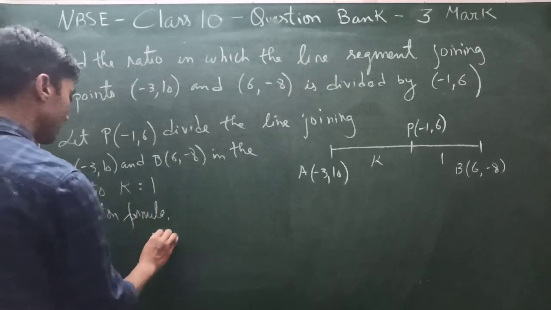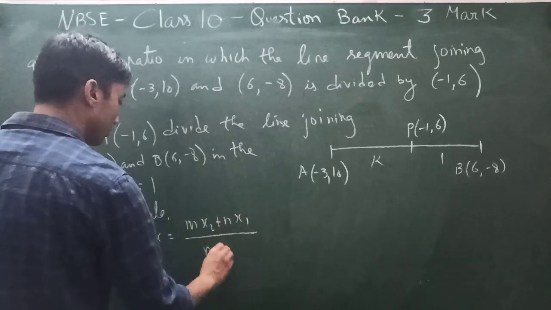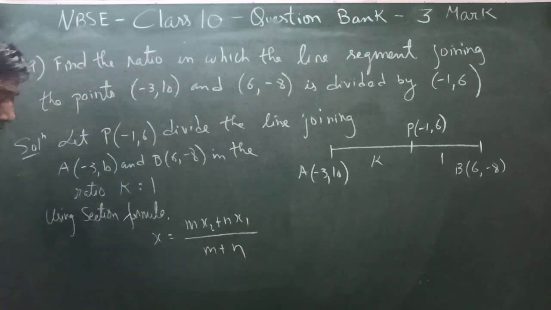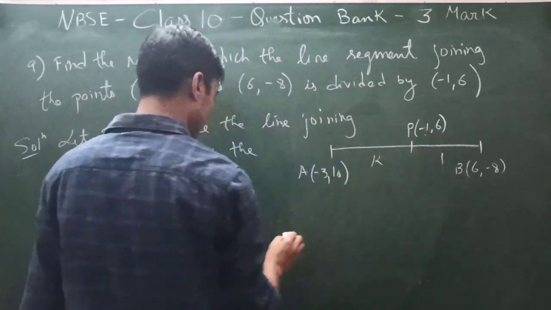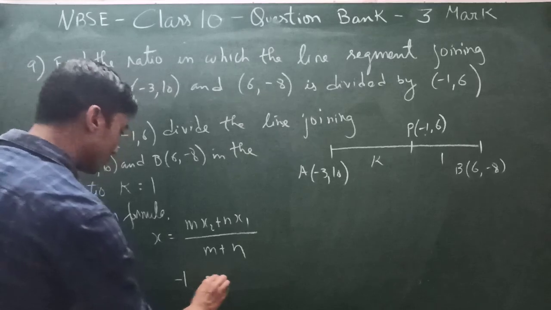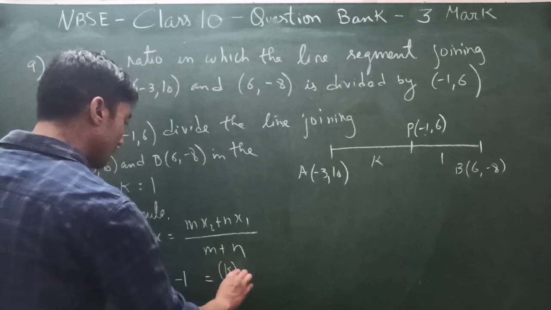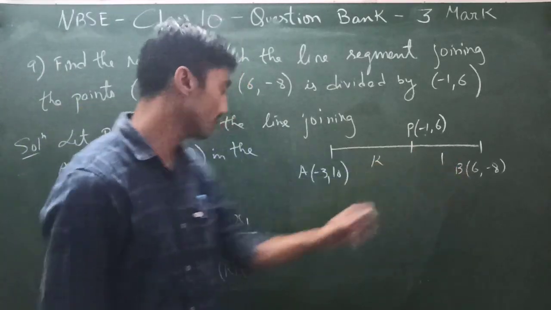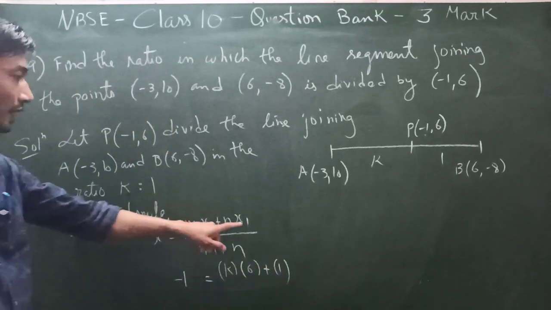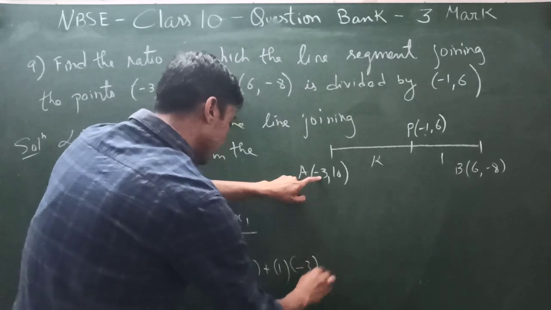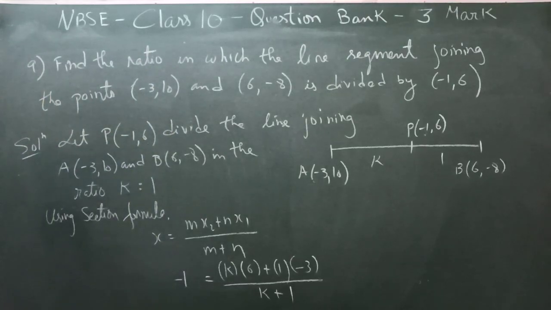Using the section formula, what we know is x is equal to m x2 plus n x1 divided by m plus n. Now respectively, what are the ratios here? X represents minus 1. So minus 1 is equal to, what is the ratio of m? We are using k is to 1, so the value of m is k. x2, that's the second point B, x2 is 6, plus n, m is to n, so n here is 1, x1, that's the first point, minus 3, divided by m plus n, that is k plus 1.